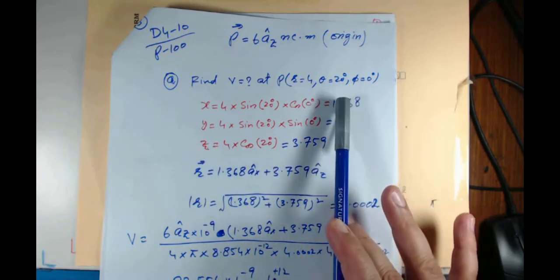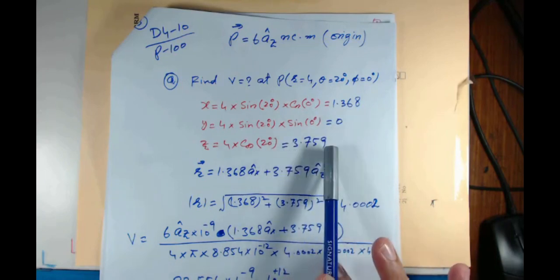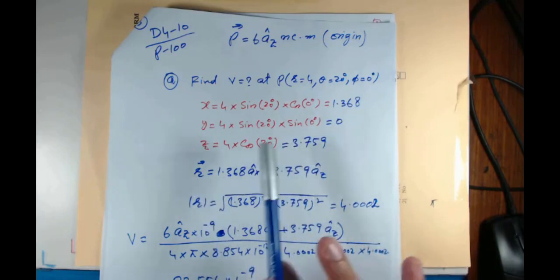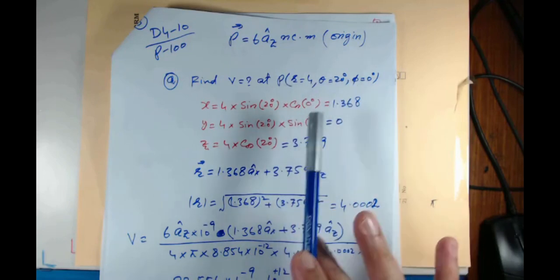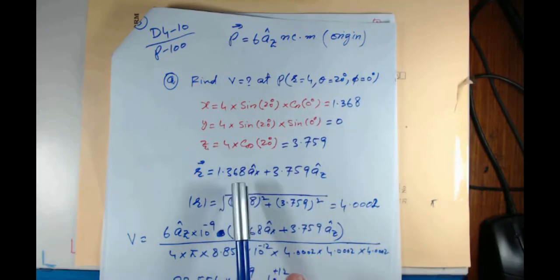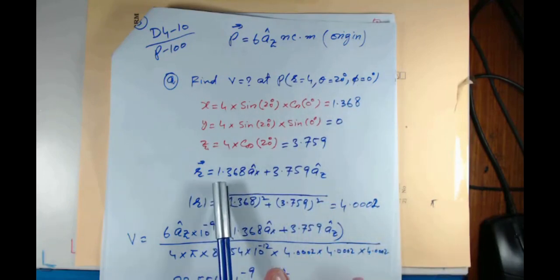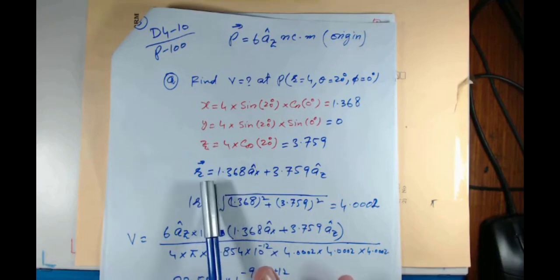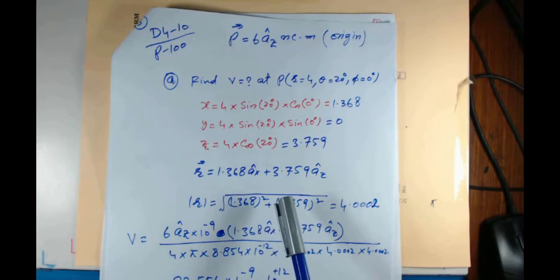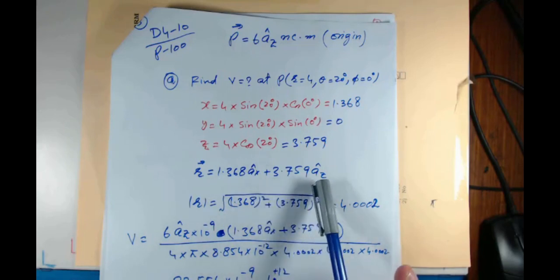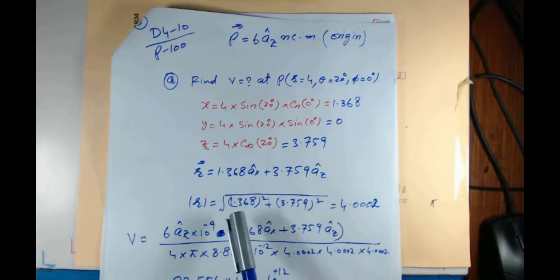Now we can easily define the vector that locates the field point, that is point P, in rectangular coordinates: r equal to 1.368 ax unit vector plus 3.759 az unit vector.